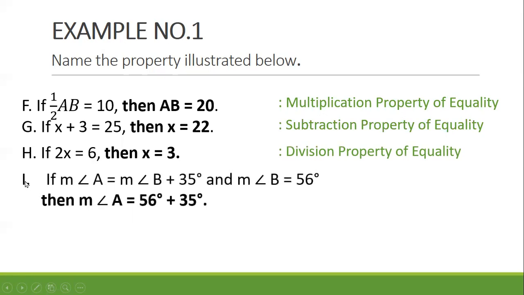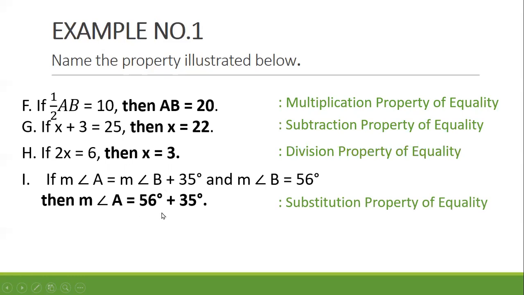Next, we have I. If measure of angle A is equal to the measure of angle B plus 35 degrees, and measure of angle B is equal to 56 degrees, then measure of angle A is equal to 56 degrees plus 35 degrees. So, ang ginamit po natin property dito ay substitution property of equality. Kung nakita nyo, si measure of angle B ay pinalitan ni 56 degrees dito.